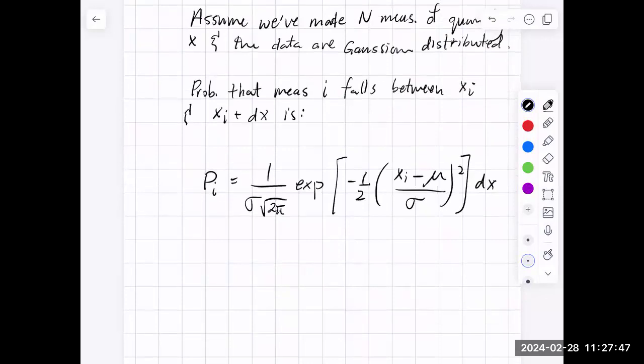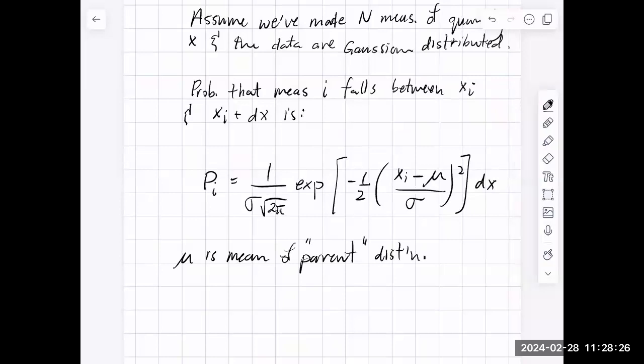Now, one of the problems when you do a measurement like this is that we actually don't know the value of the mean ahead of time. All we can do is come up with an estimate of the mean based on our measurements. And so we're going to try to determine the best way to estimate the true value of the mean mu. So mu is the mean of the parent distribution, which we don't know, right?